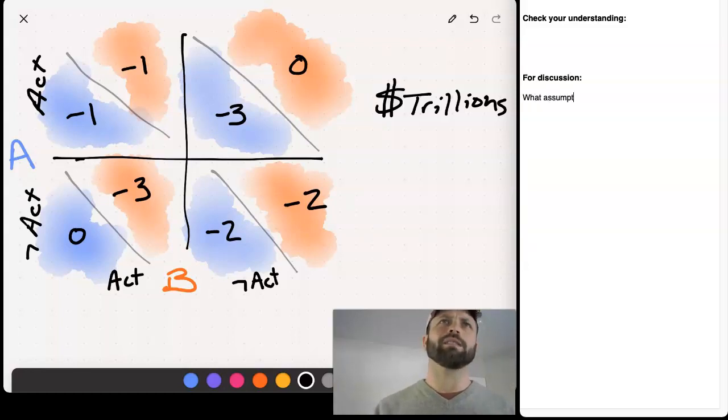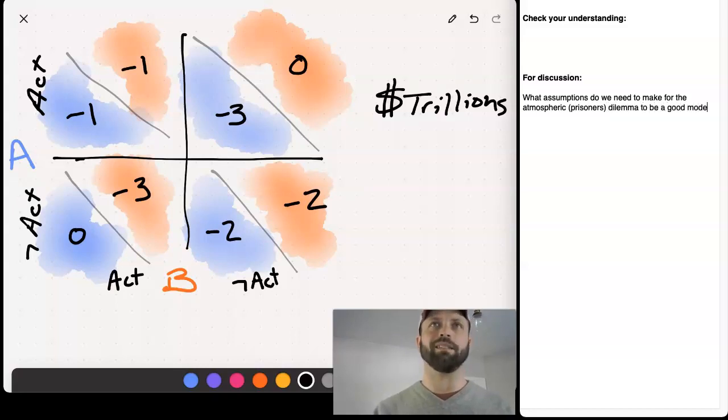What assumptions do we need to make for the atmospheric prisoner's dilemma to be a good model of global climate change politics? Do you think it is? Do you think it's not? What elements of it seem to fit this kind of description?